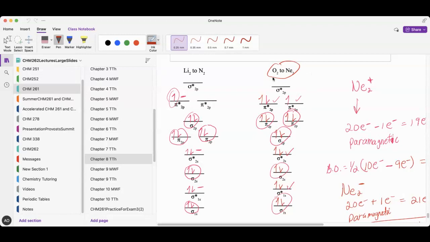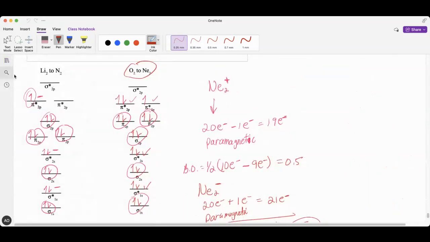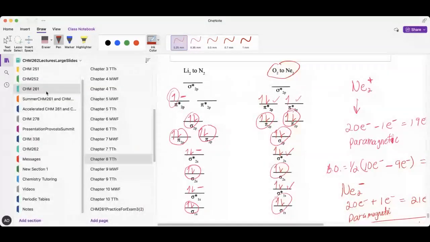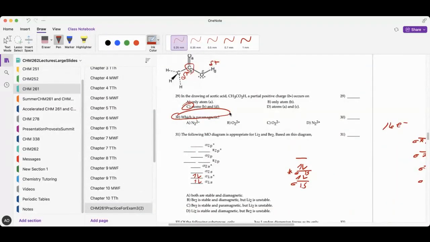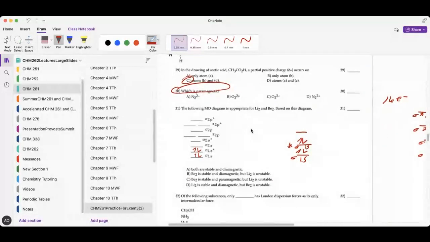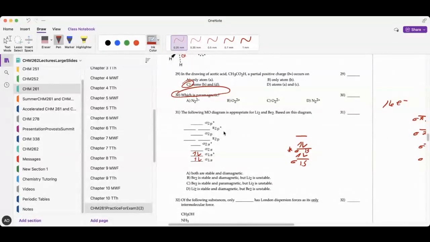From oxygen on, after the sigma star 2s, it's the sigma 2p that fills, and then the pi 2p orbitals. So we're going to fill the pi 2p orbitals first. Here we are, so here we go, over here.